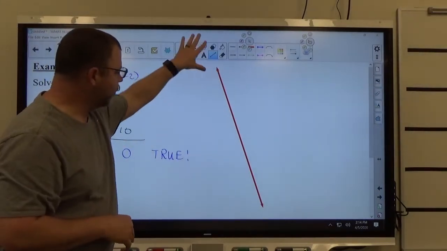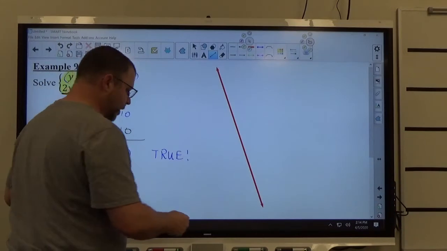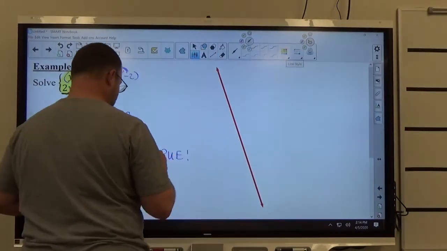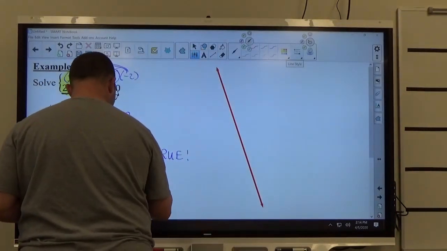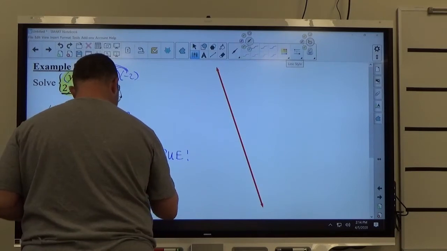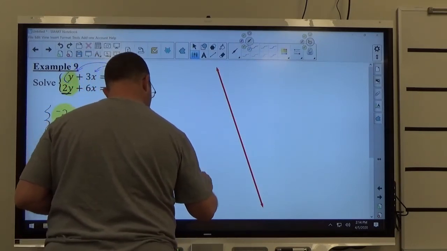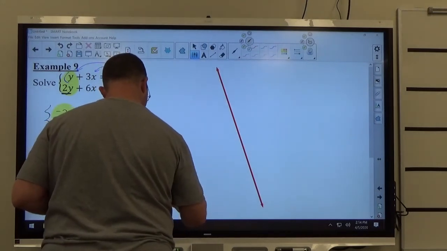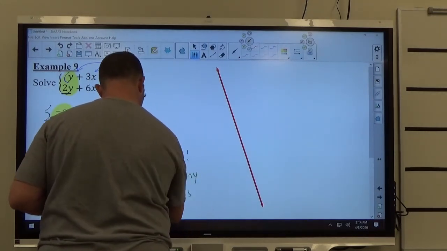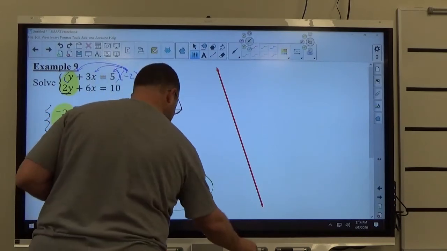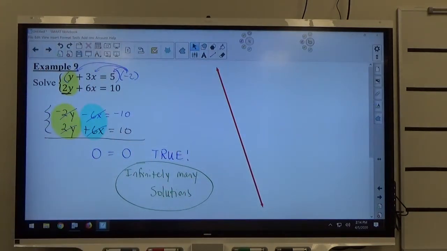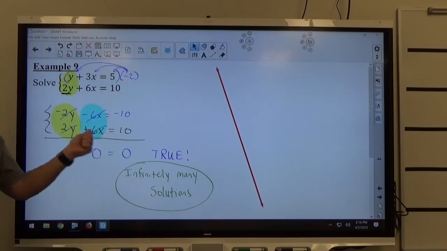The blue line and the red line sit right on top of each other, which means that there's infinitely many solutions. So that's what we're going to write. Infinitely many solutions. There's no unique answer, there's infinity answers, and there's no way to really pinpoint which one's more important than anything else. So that will be the answer when this happens.